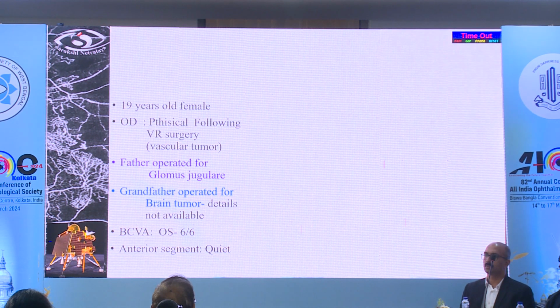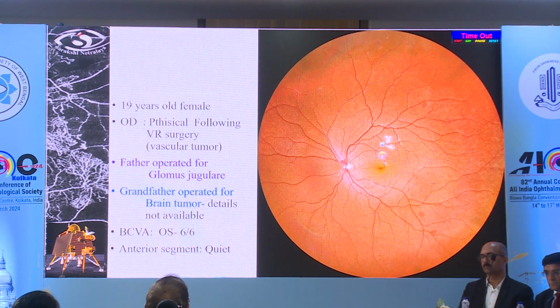Another last case, a 19-year-old girl who had a thumbsical right eye following some vascular tumor. Look at the family history. We looked into the better eye, asymptomatic. Even with my experience of 20 years as a clinical retina specialist, I thought it was normal.